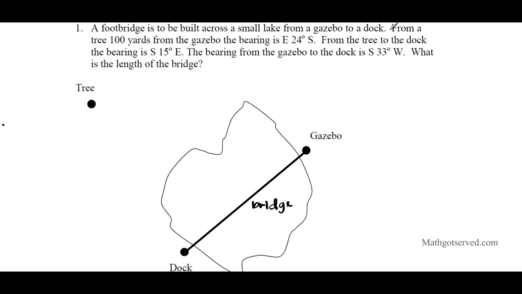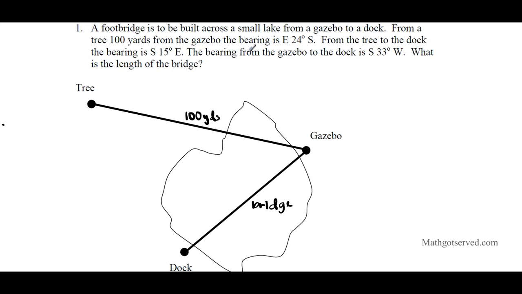It says that from a tree 100 yards from the gazebo, the bearing is 24 degrees south of east. So the tree is 100 yards from the gazebo, so let's indicate that with a segment and put the measure there, 100 yards away from the gazebo.